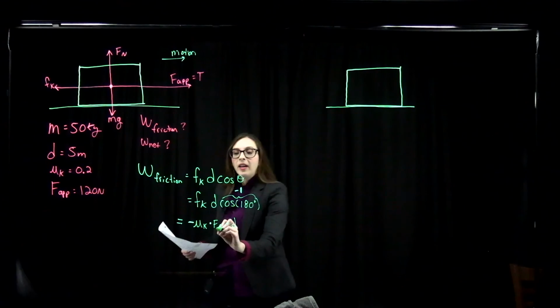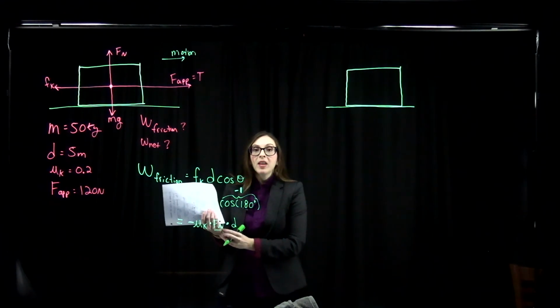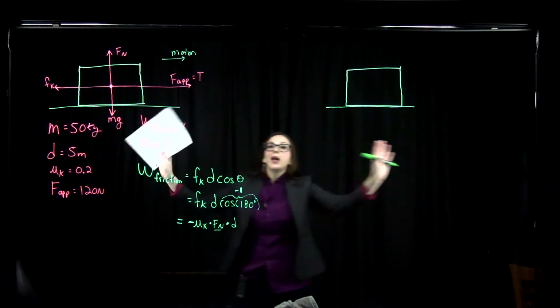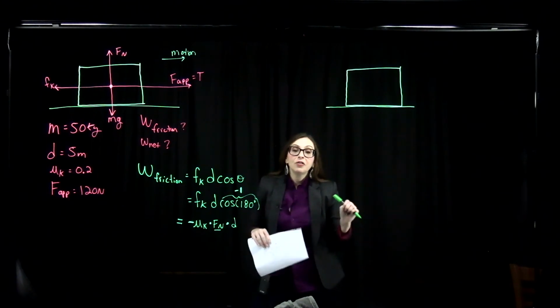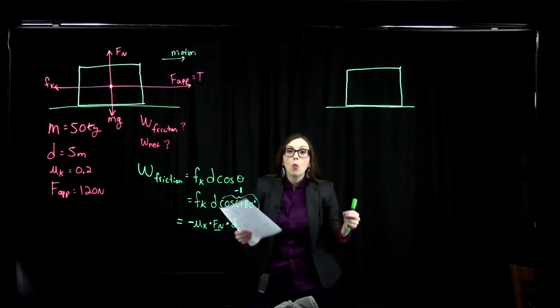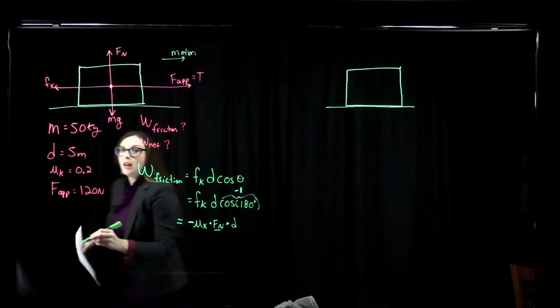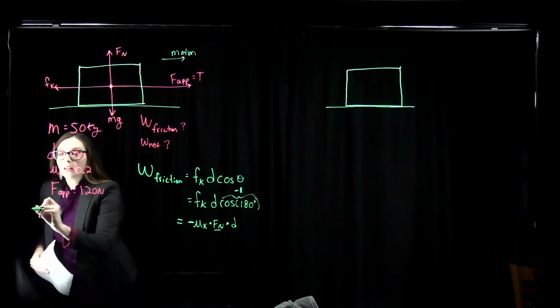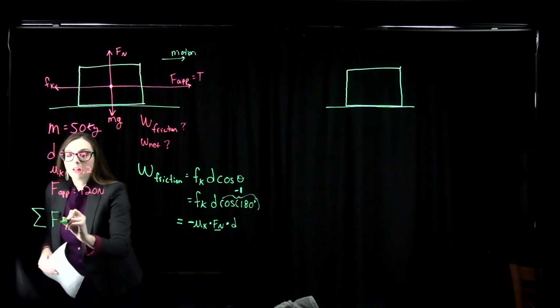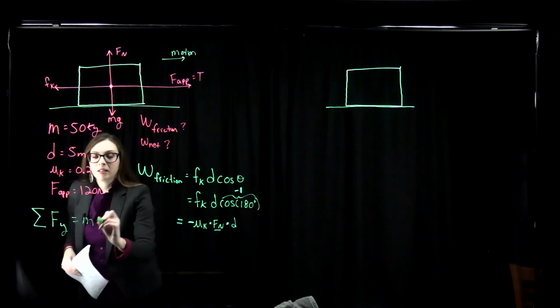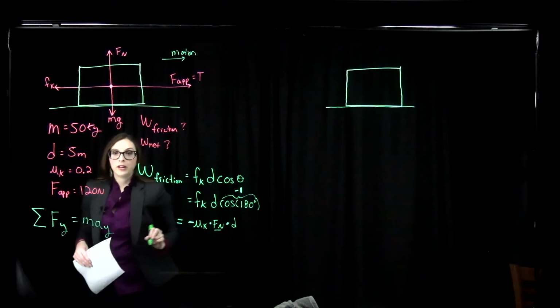Then how do we find this normal force? You can always apply Newton's second law in the vertical direction in order to figure out what your normal force is. If we do Newton's second law in the vertical direction, the sum of forces equals mass times our acceleration in the y direction.